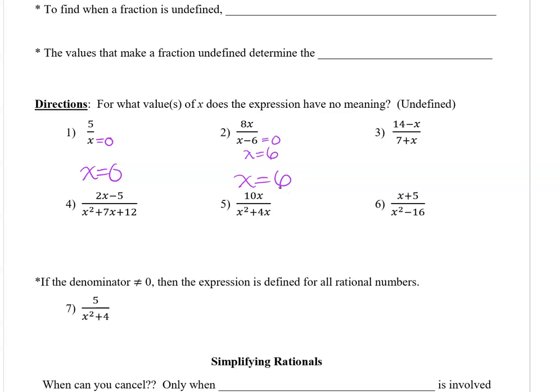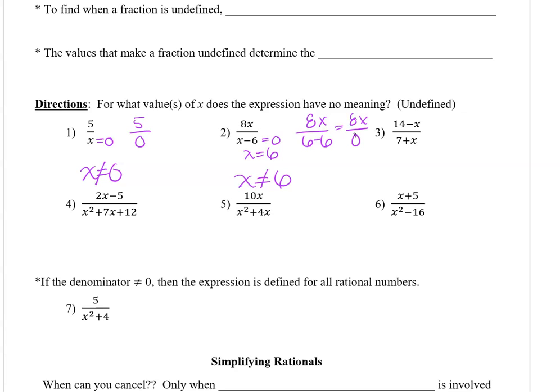So what that means is that you can plug any value for x into this expression 5 over x except for 0, because if you did that, you would get 5 over 0 and you can't divide by 0. Same idea over here. x can't be 6 because as soon as you plug it in, you would get 6 minus 6, which would then make it be over 0.